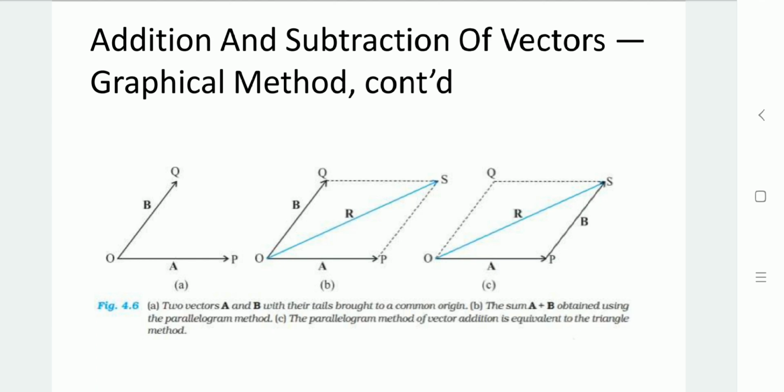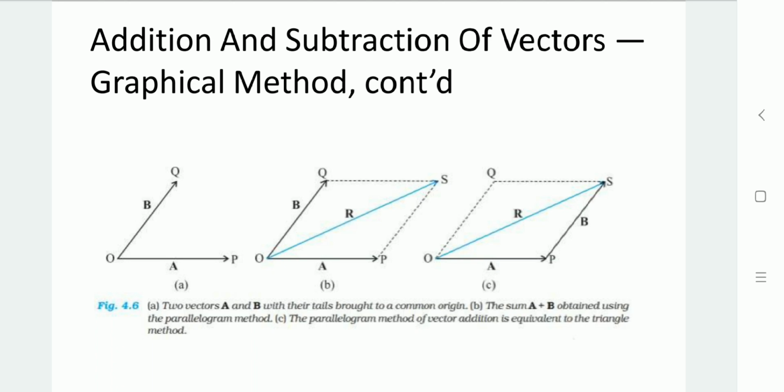The magnitude and direction of OQ and PS would be the same, so that can be interchanged, and here OPS represents a triangle and the resultant vector R would be A plus B.